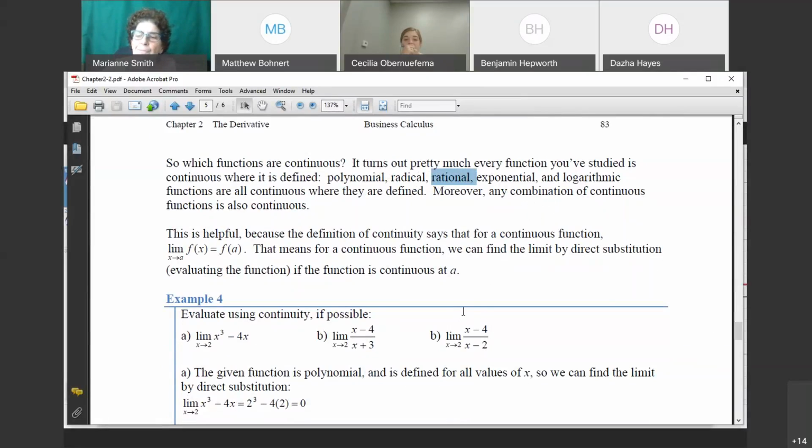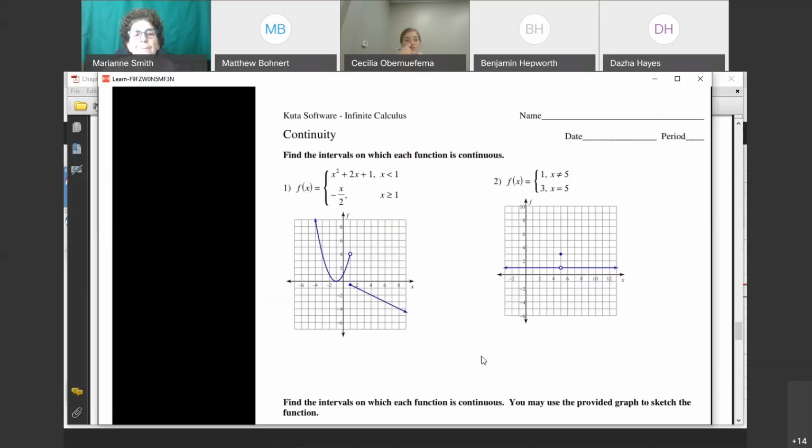Okay? So what I'd like to do in the time we have left is go back to the worksheet we were using. And hopefully we can talk a little bit about continuity, and I want to talk about the piecewise functions. So let me share that with you.